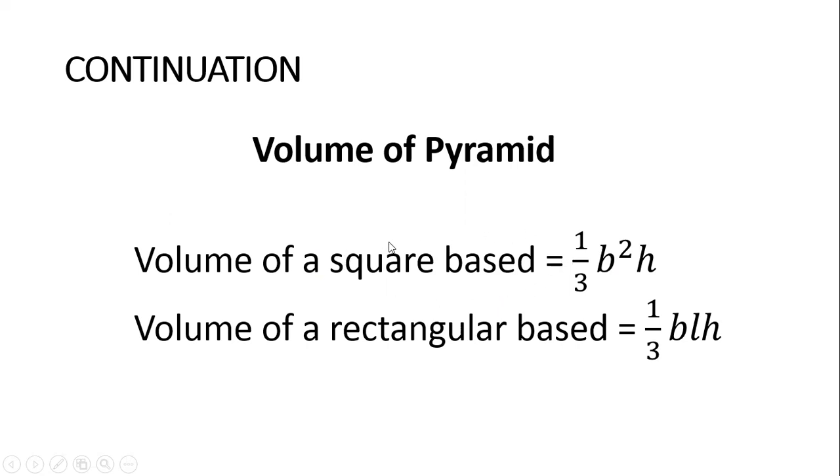For a cube and a square base pyramid, 3 of that square base pyramid will fill the cube. And that's why we have it as 1 over 3 b squared h, because the height will most likely not be equal to the side. Then for a rectangular base, you have it as 1 over 3 BLH or LBH for the volume.